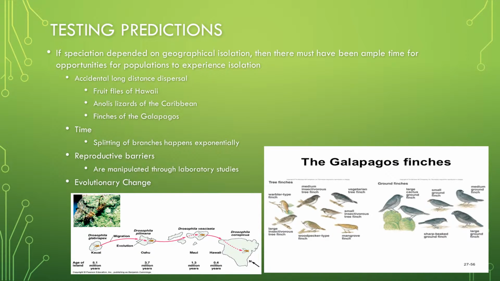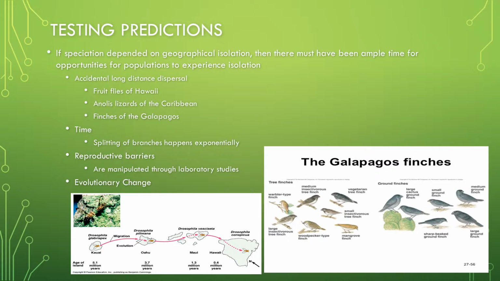The first prediction that can be tested is that if speciation depended on geographical isolation, then there must have been ample time and opportunities for populations to experience isolation. There are many forms of geographical isolation, like mountain ranges rising, deserts forming, continents drifting, and droughts dividing forests into grasslands. All these events could lead to species dividing.